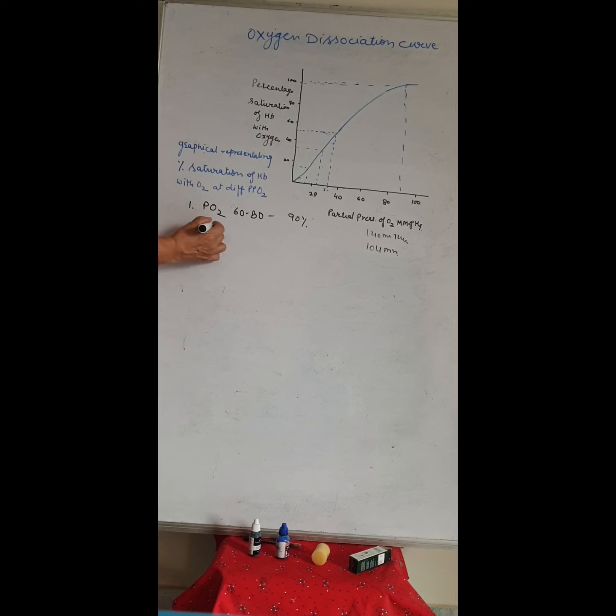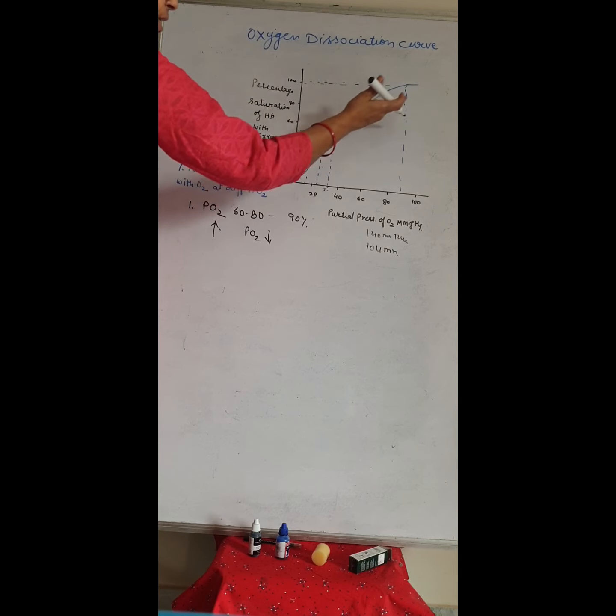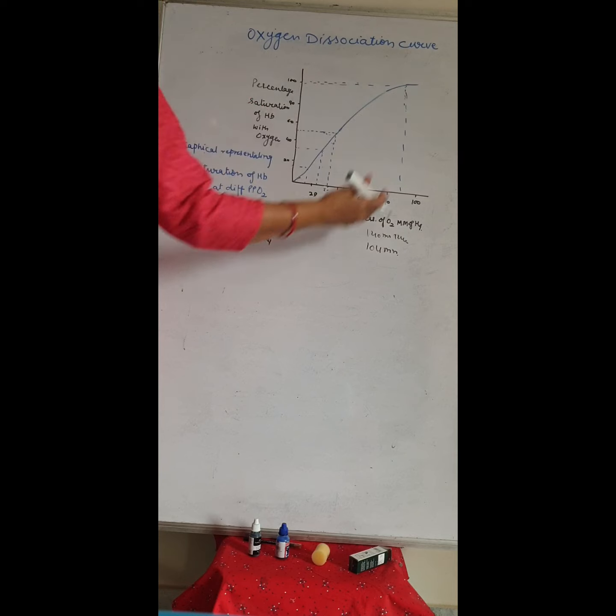When we go to a high altitude, the PO2 decreases. At high altitude, the partial pressure of oxygen decreases and there is less saturation of hemoglobin. With less pressure, the affinity of hemoglobin with oxygen is less, so the oxygen dissociation curve shifts towards the right side. Here the binding capacity is less.